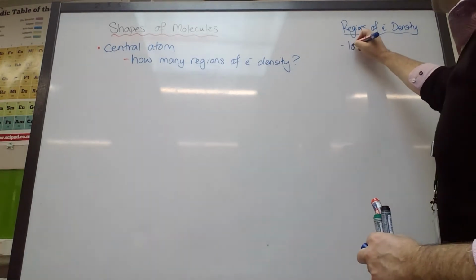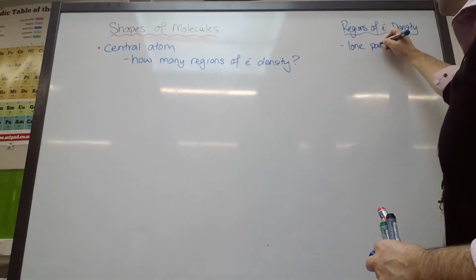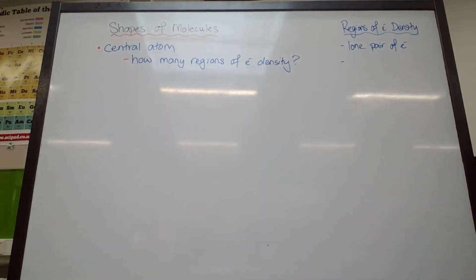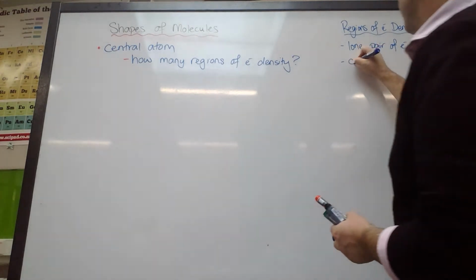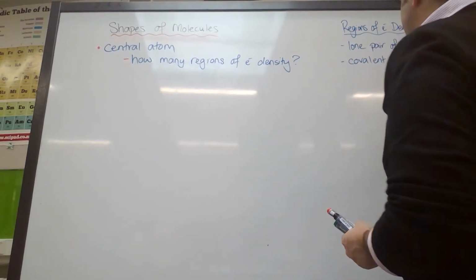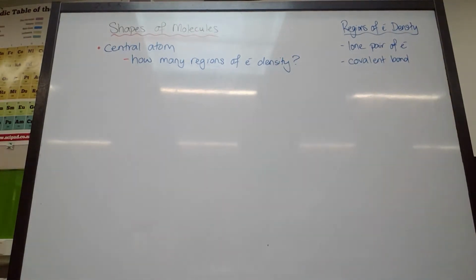So it is a lone pair of electrons, or it is a covalent bond or a chemical bond. Now, to clarify, a single bond is one region of electron density. A double bond is also considered one region of electron density.